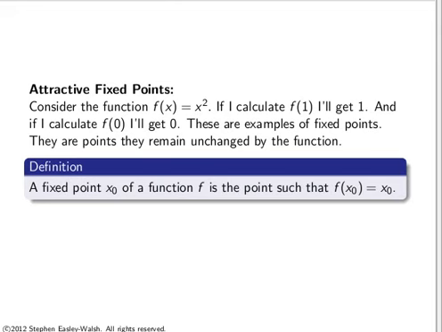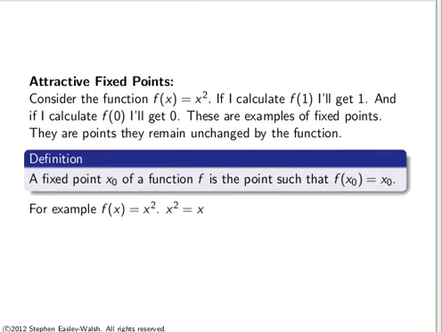Now, with the first example I gave you there, x squared, how did you find that? Well, all you did for it was solve it in your head. So for example, in the function f of x equal to x squared, we just need to solve x squared equals x.